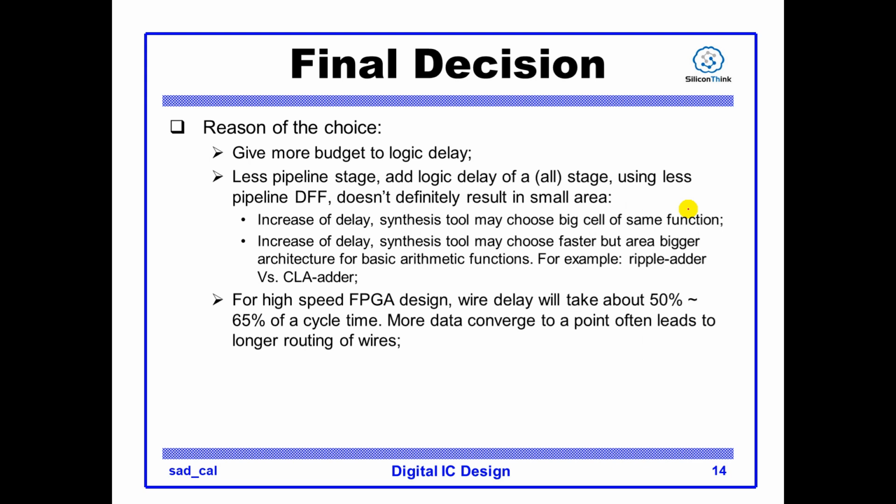Okay, let me explain why I choose the accumulation of 4 data in a cycle architecture. First, when architecting a design, you need to give more budget to logic delay.